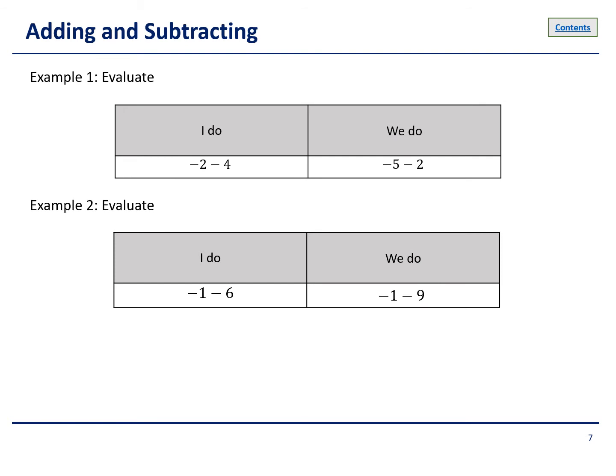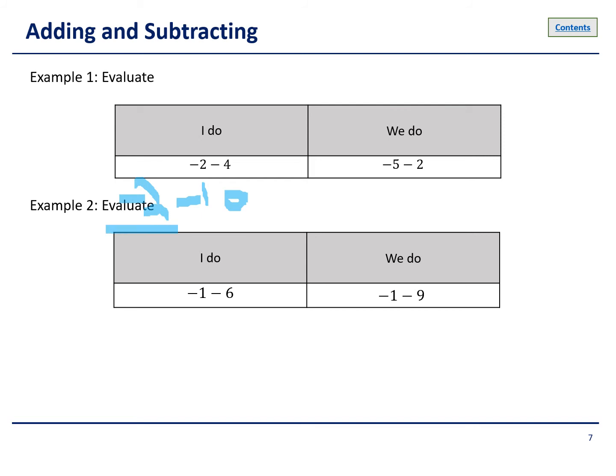Okay, so here's our first I do. It's asking me to take 4 away from -2. So I'm starting at -2 on the number line, which is 2 below 0. -1, -2. And it's asking me to minus another 4.